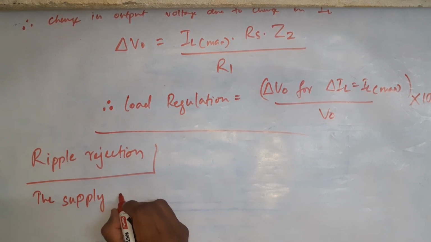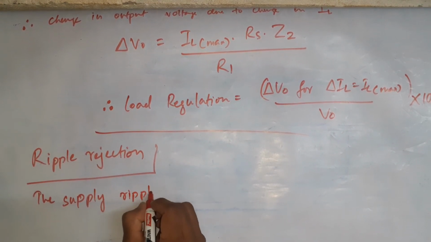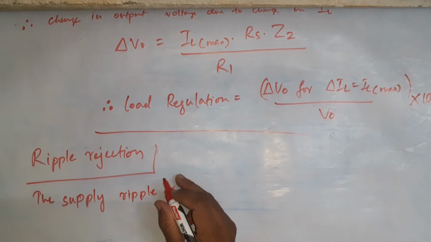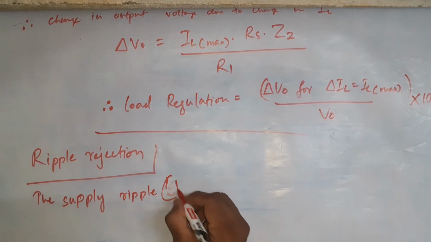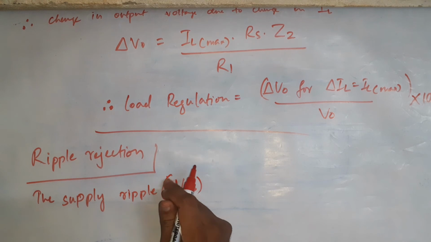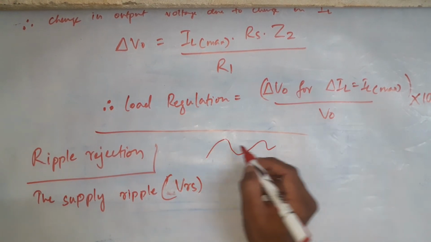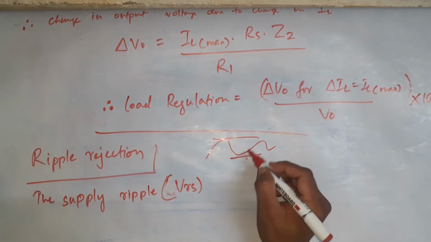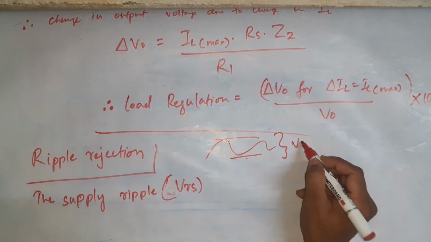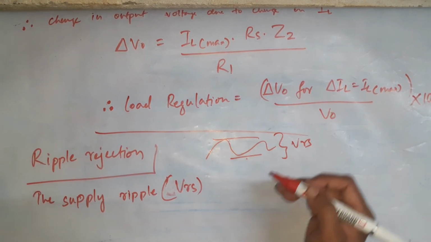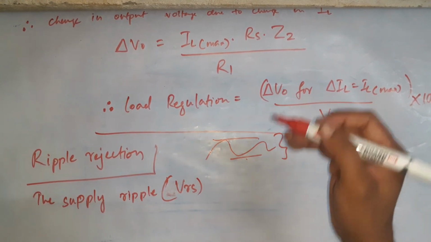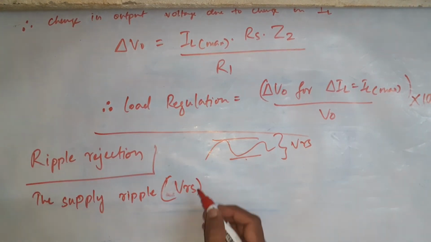The supply ripple, we call it VRS. When the input is varying between minimum and maximum limit, this variation is called VRS. So the variations in the supply ripple, we call it VRS.